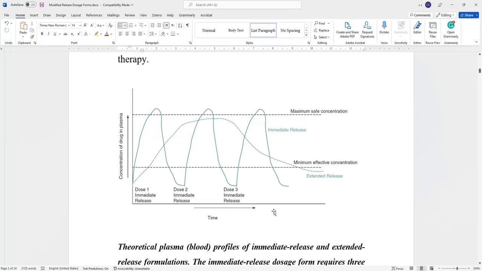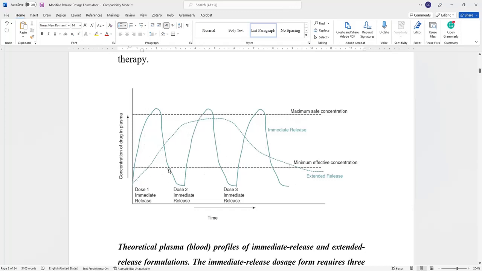So this is the time, and here is the concentration of the drug in your plasma, in your body. What you see here is two concentrations. This dotted line, you have two concentrations. Now the drug concentration needs to be inside these two lines.